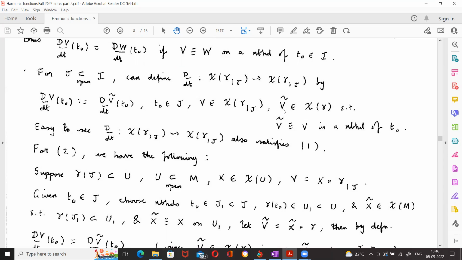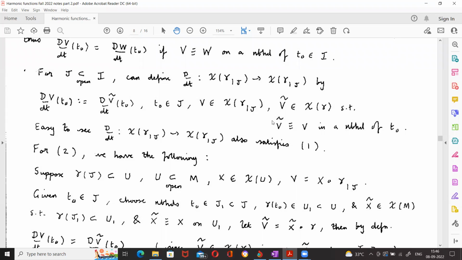where v tilde is a vector field along all of gamma such that v tilde is equal to v in a neighborhood of t naught. Right? So by what we've just done above, this is well defined, independent of the choice of v tilde, right? Is this okay?